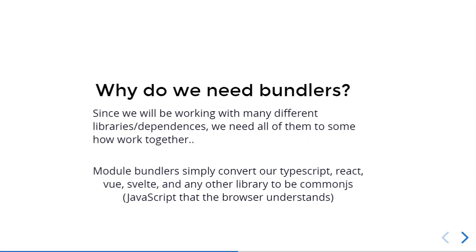And the module bundler simply converts our TypeScript, our React, our Vue, our Svelte, and any other library to CommonJS. So CommonJS is what you call vanilla JS, things like let this equal this, function, those normal, straightforward JavaScript that you understood from the beginning.